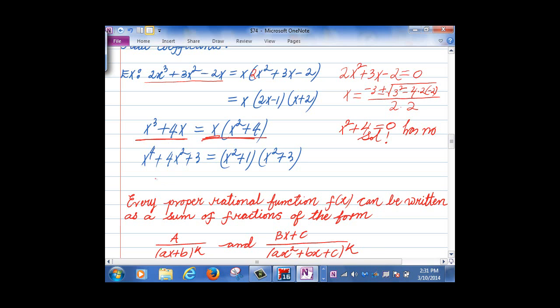The last example. This fourth-degree polynomial, right? How do I factor it?